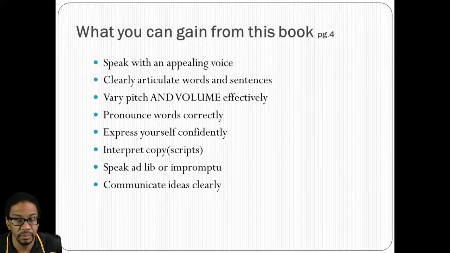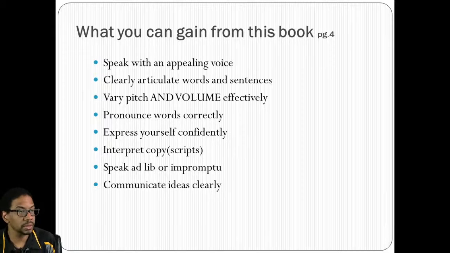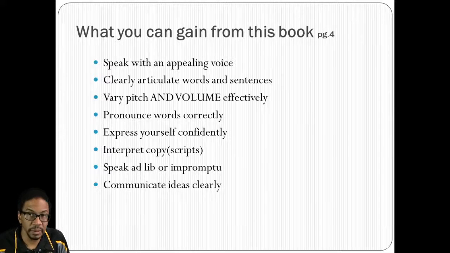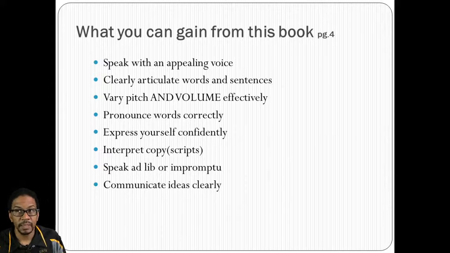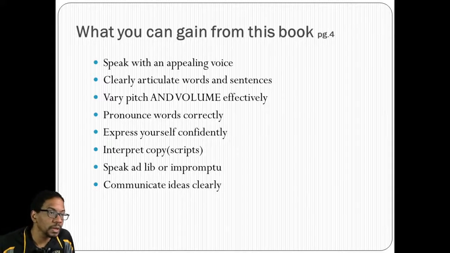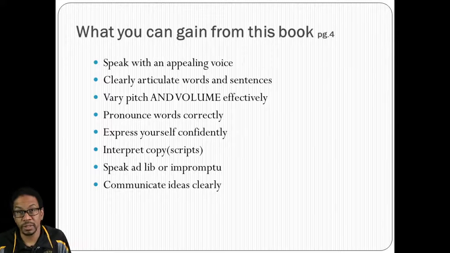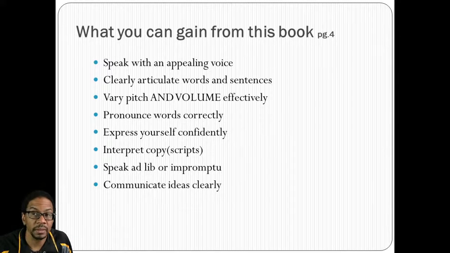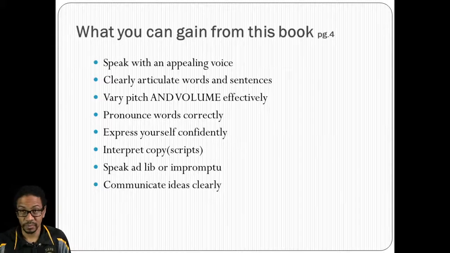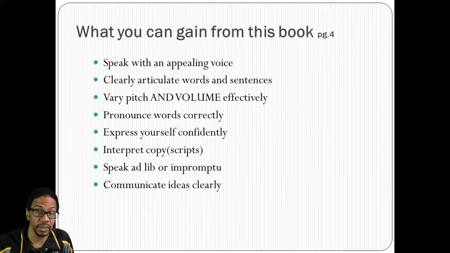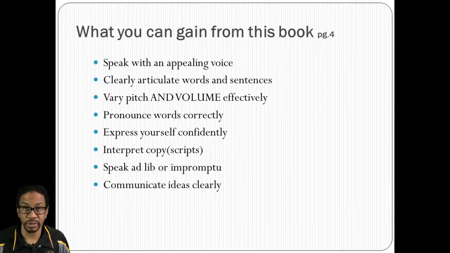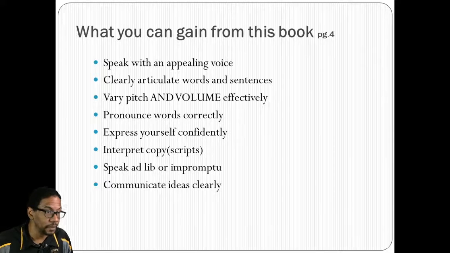Some things that you can expect from this book, from this course: speak with an appealing voice, basically developing a sound that works for you. Also articulation, we will go over that. If you don't speak clearly, if you're chopping off the ends of your words, we will address that and try to get you some improvement.